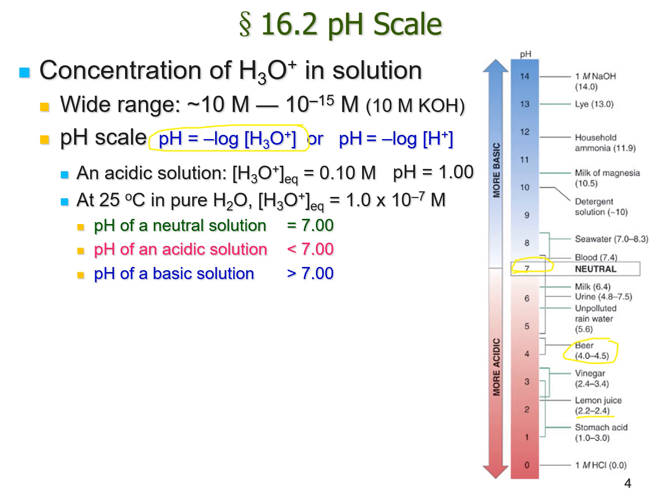So if we take the negative log of hydronium, that's 7. Water is neutral, so any neutral solution with a water solvent should have a pH of 7. As for acidic, as you can see, it's in the pink area, so they must have a pH less than 7. And a basic solution must have a pH greater than 7.